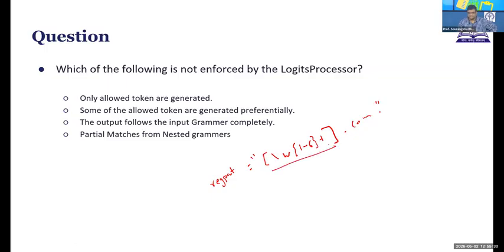What this means is that there should be between 1 to 6 word characters. For example, A, B, C, D, E, F .com will match this.